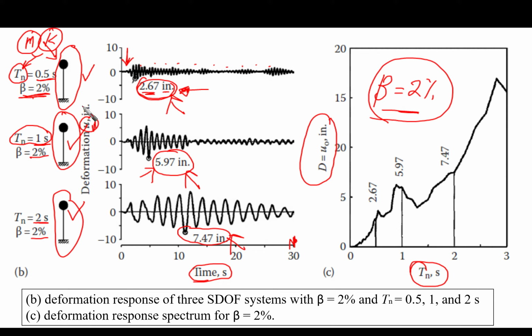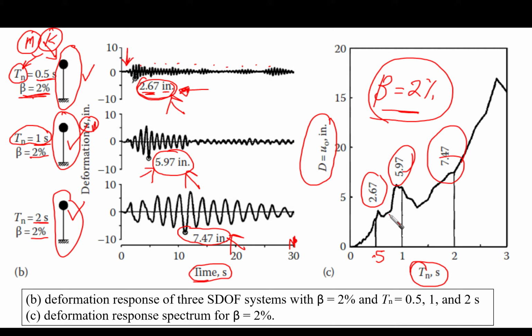The first one has 0.5 seconds. The response was 2.67, as you can see here, and at 1 it was 5.97, which is here, and at 2 it was 7.47, which is this one.